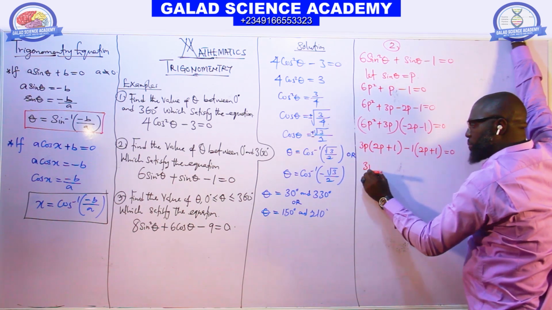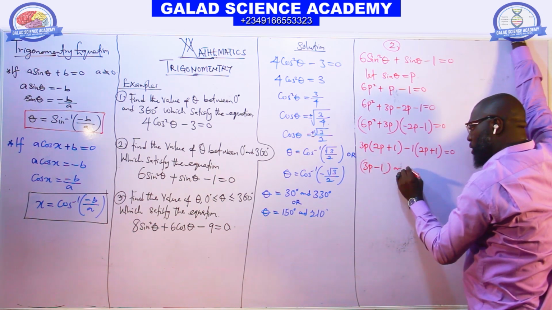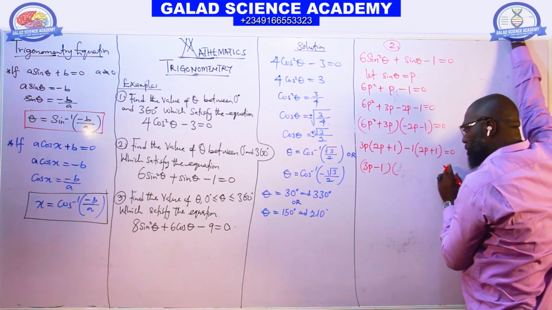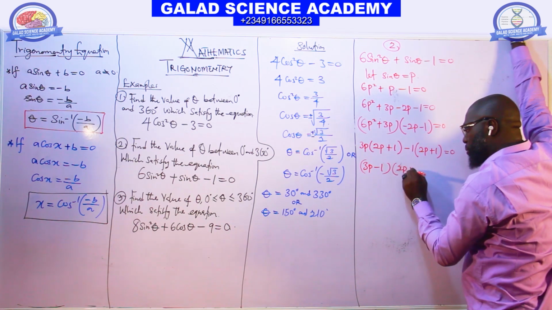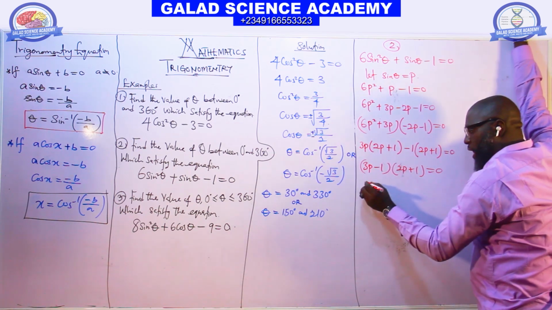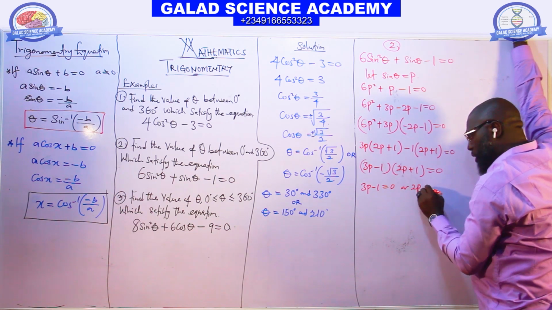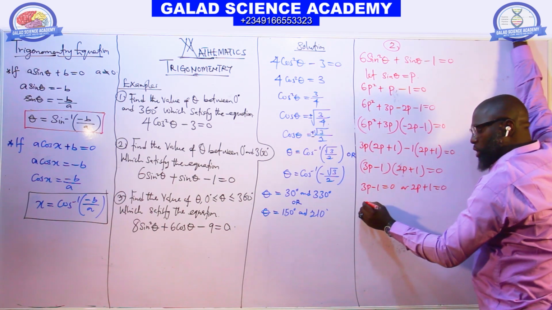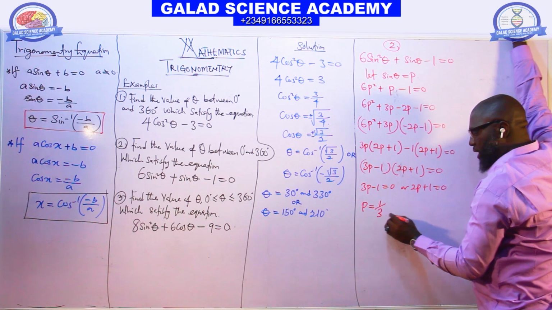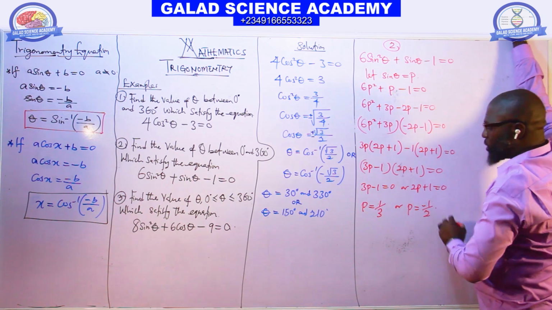You now have 3P minus 1 or 2P plus 1 equal to 0. So 3P minus 1 equal to 0 or 2P plus 1 equal to 0. You have P equal to 1 over 3, or P equal to minus 1 over 2.